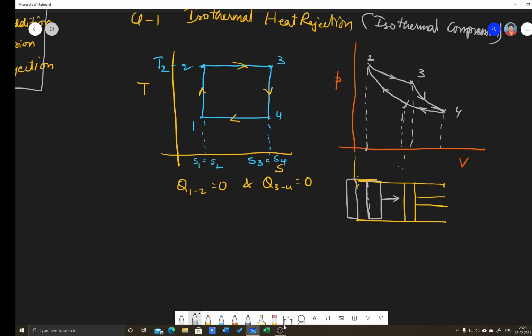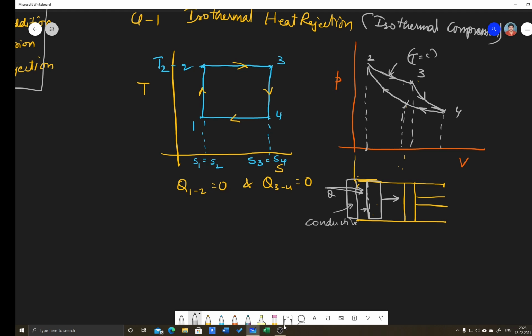So what happens? The gas will expand. The temperature tries to decrease, but this is a conductive head. So this atmosphere will not let the temperature of the gas decrease. So continuously there will be heat transfer between the surroundings and this gas, because this has to be maintained as an isothermal process. Temperature is equal to constant.